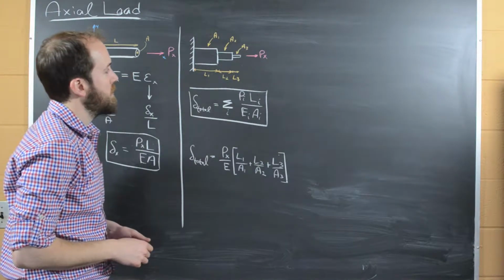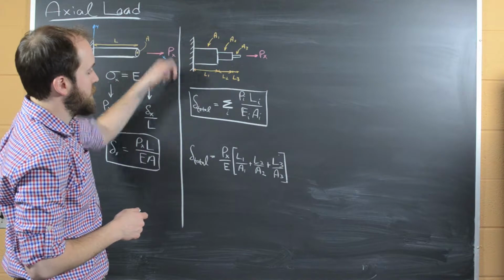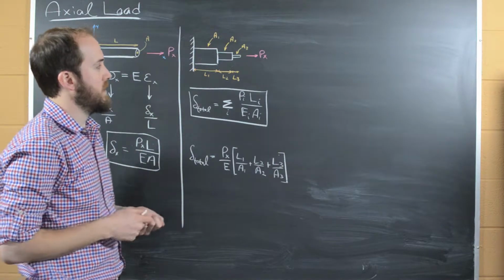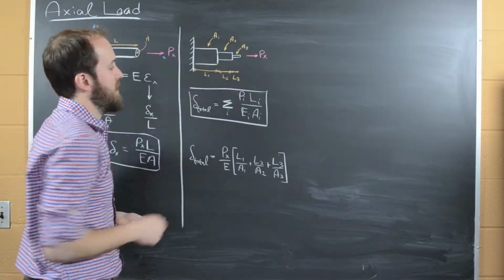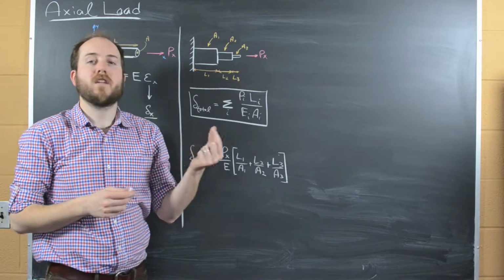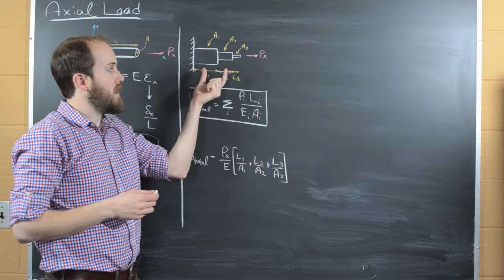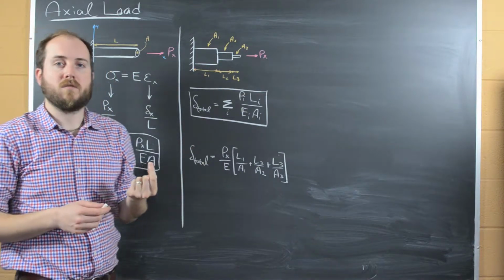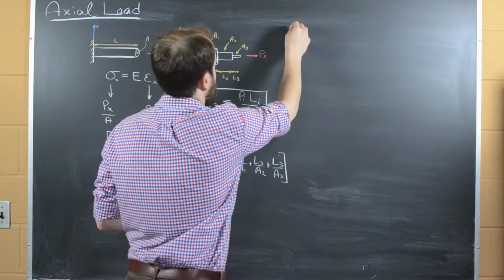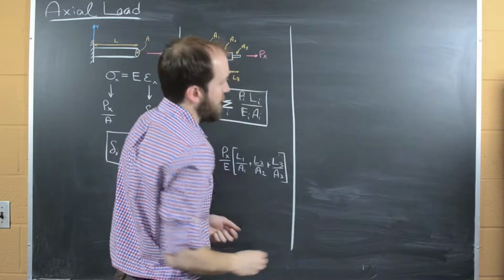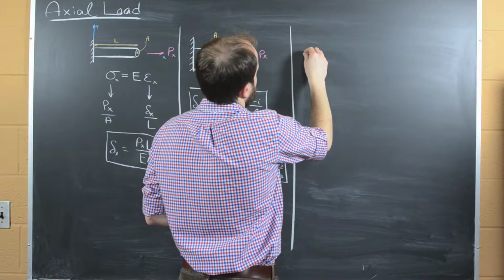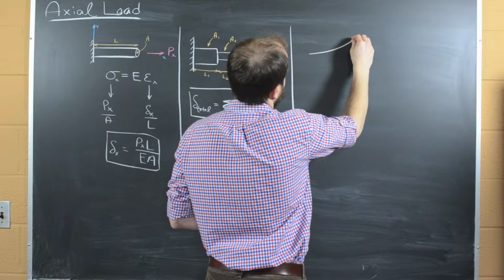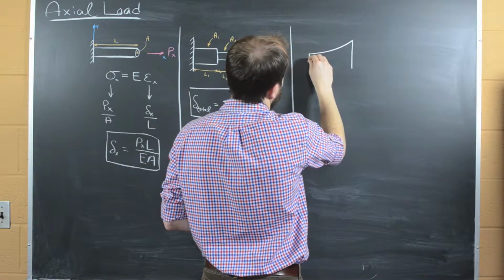And so what you can imagine is if this is true in the case of a discretized rod where we have three different segments, that if we had an infinite number of segments and each of them got infinitesimally small, this summation would approach an integral. And so let's look at what this looks like. So we can consider a structure that looks like this.